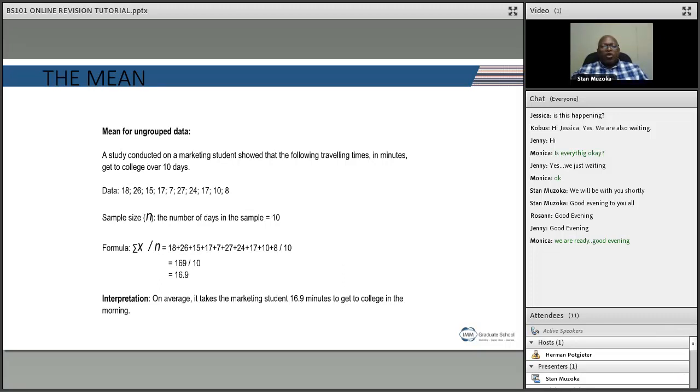Let's talk about location measures, the mean. Ladies and gentlemen, you will be given a data set, and this data set you will be required to use. The one that we have in the example there is an ungrouped data set. If you do get observations coming from the environment, raw as they are, ungrouped, the first thing that you do is arrange them in ascending order.